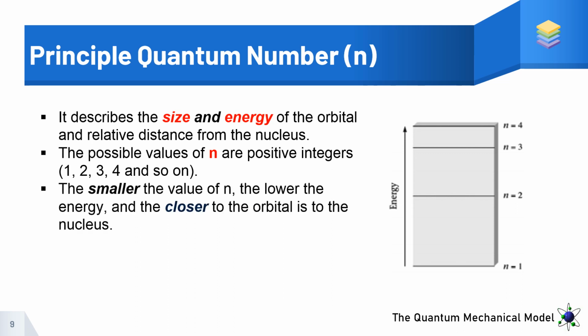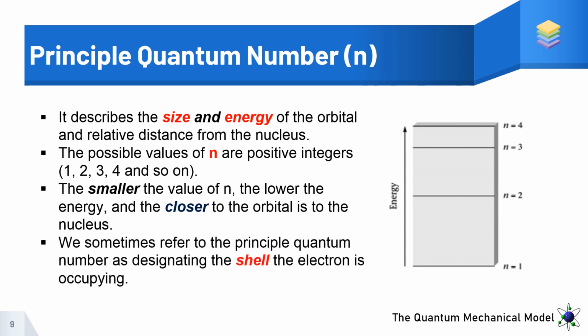When the value of n is smaller, it means that it has a lower energy, and it is closer to the nucleus. We sometimes refer to the principal quantum number as designating the shell the electron is occupying. So remember, the principal quantum number describes the size and the energy of the orbital.